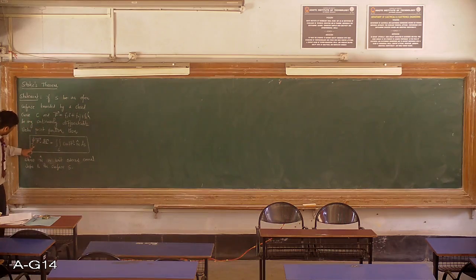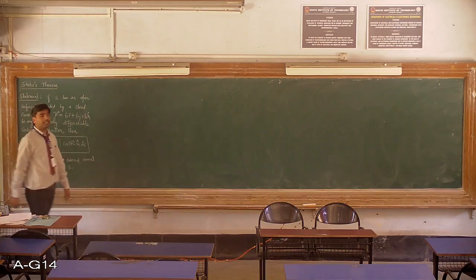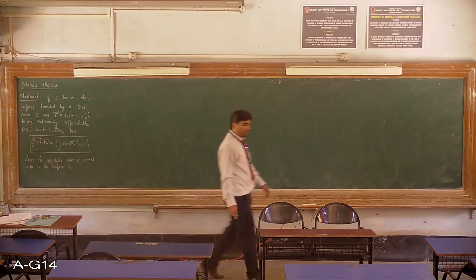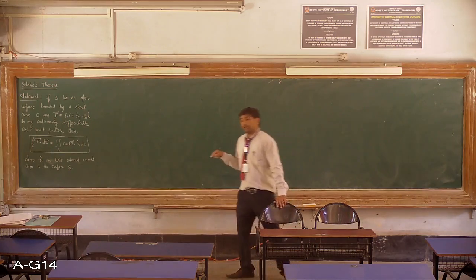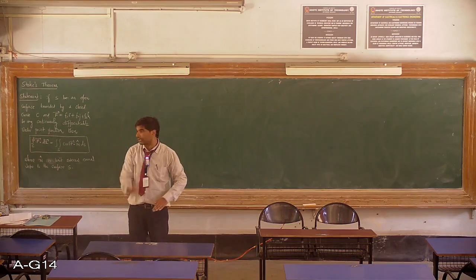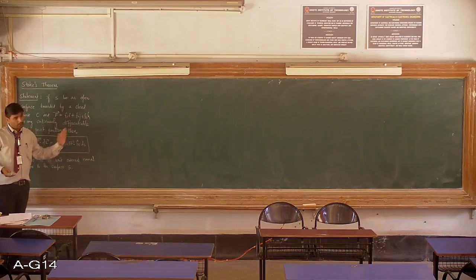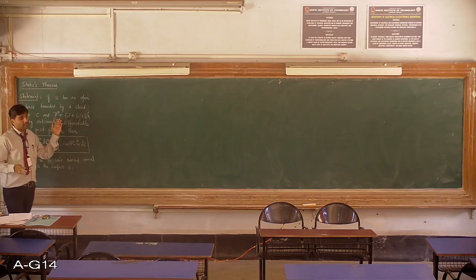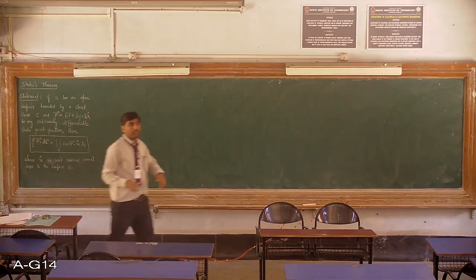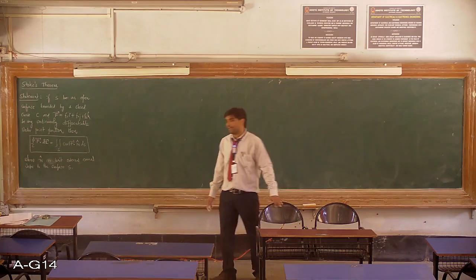You can see here everything is the same. F dot dr was there, integration over a closed curve, curl F was there in vector form, and n cap dot ds was there. Here n cap in the previous case is k, because if it is an xy plane, the unit external normal will be along the z axis, so we have written k there. And ds, if you project the surface element on the xy plane, is dx dy divided by n cap dot k cap.